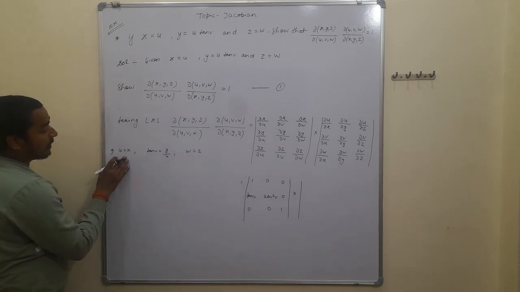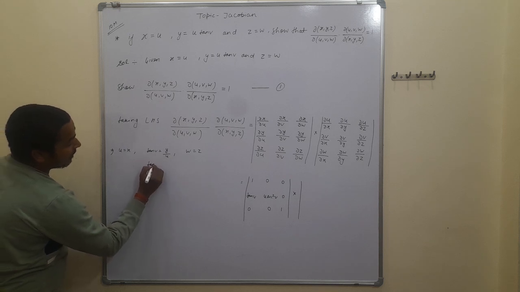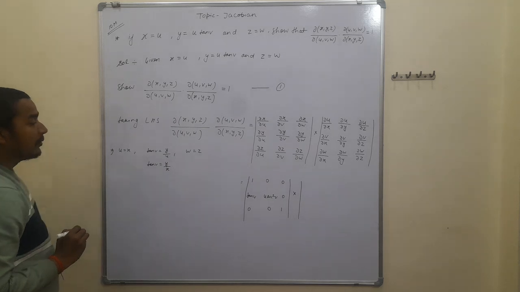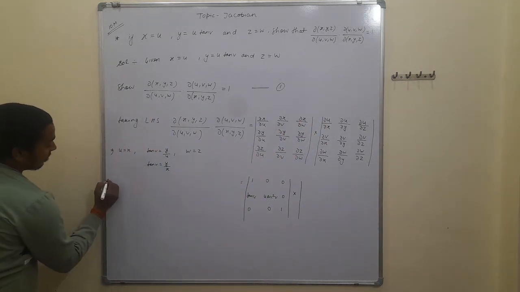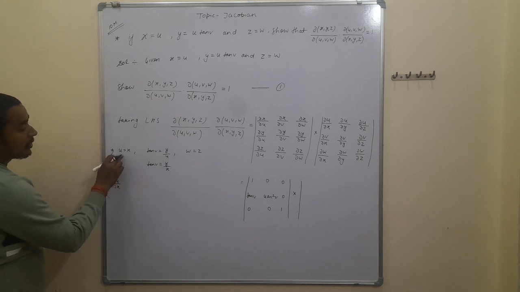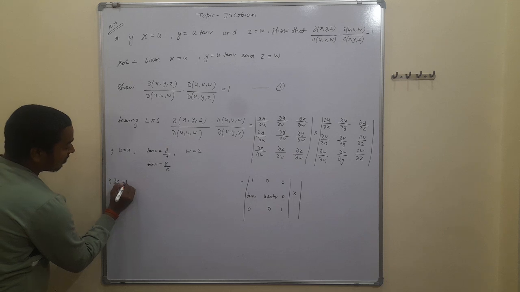From here we put the value of u equal to x in the second, that is tan v is equal to y upon x. Then we have to find ∂u/∂x. u is equal to x, differentiating partially with respect to x, that is 1.